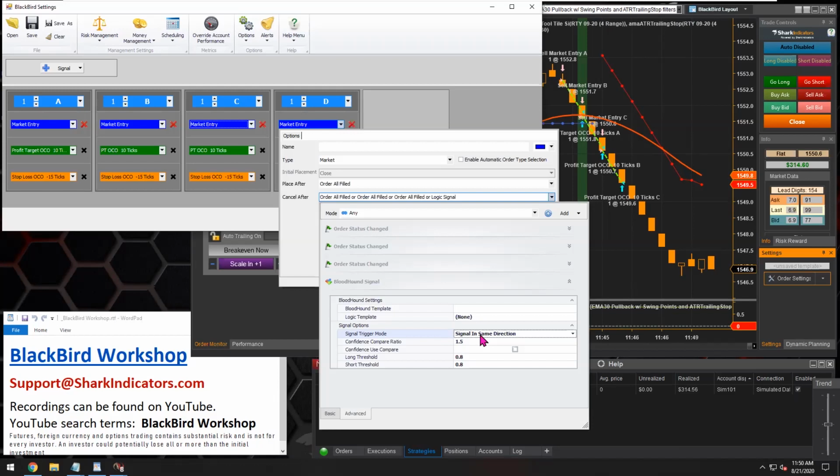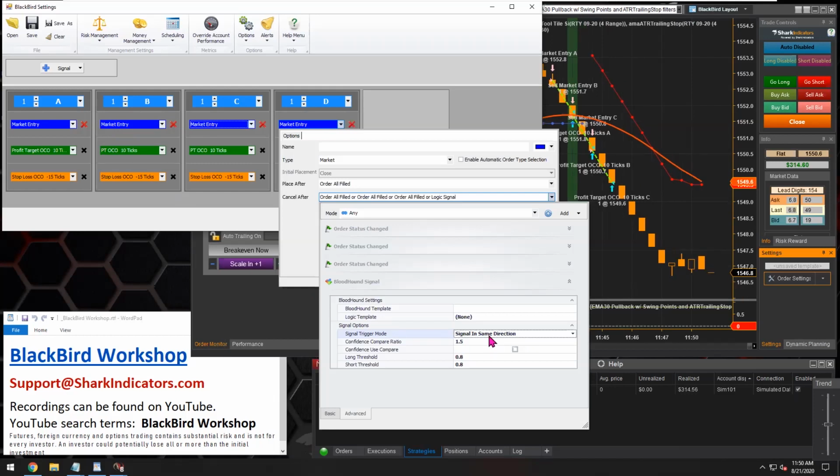So when BlackBird's in a long trade, is Bloodhound going to give you a short signal, identifying that the trend has changed, or is it giving you a long signal? So you just need to select what the signal direction is. Is it the same as the trade? Is Bloodhound giving you a signal in the same direction as the trade that BlackBird has open, or in the opposite direction?